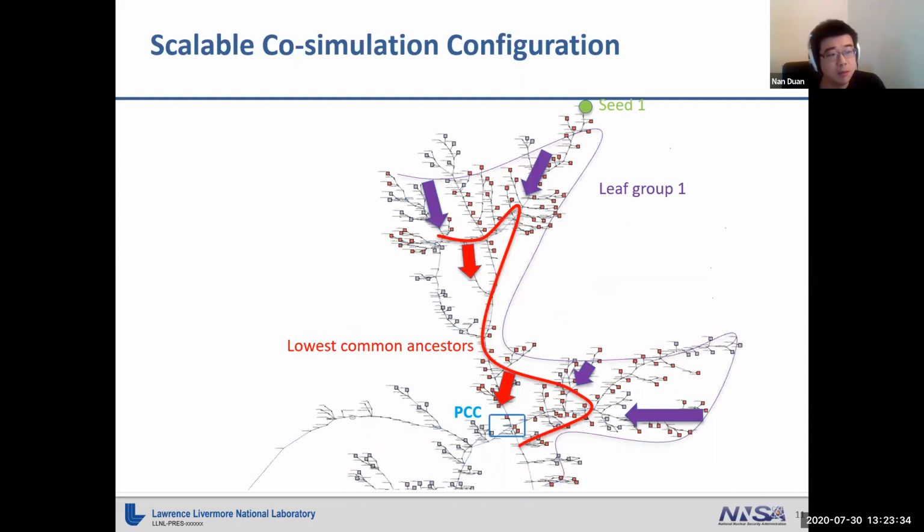And the approach we follow is doing a search for lowest common ancestors for these portions of grids that you are interested in establishing as collaborative autonomy groups. So essentially, you can start from the very edge of the grid and have a lowest common ancestor as their first level PCC with a switch attached to it.